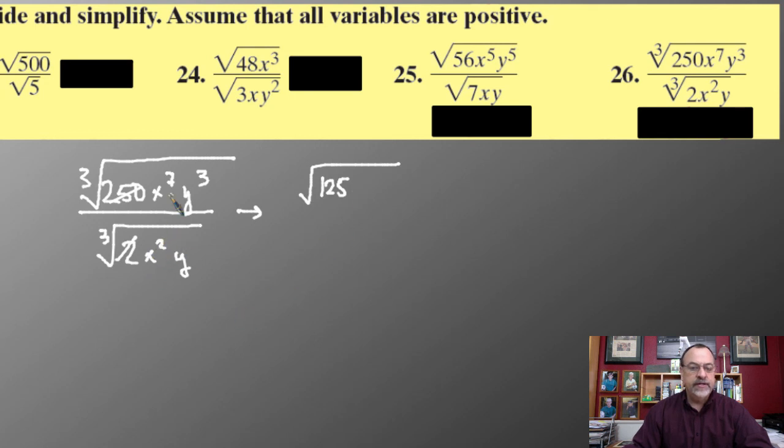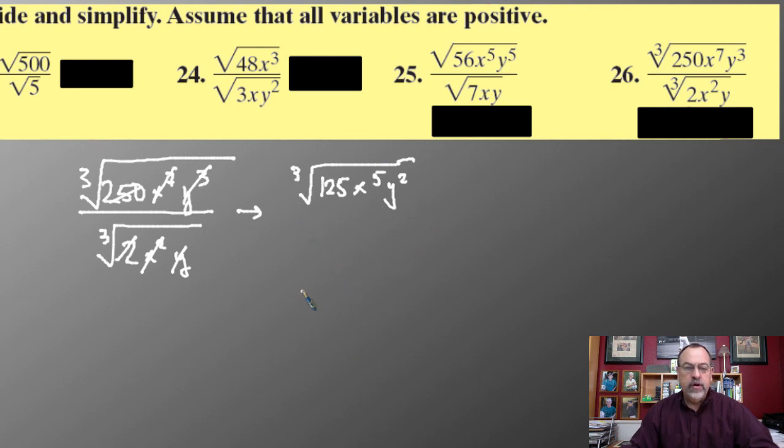I have 2 x's down here and 7 up here, so I reduce 2 of these with 2 of those, leaving me 5. And I reduce 1 y of these with 1 of these, leaving me 2. So all of these reduce down to 1, so I'm left with the cube root of 125x to the 5th y squared. So now I'll simplify this according to my rules.